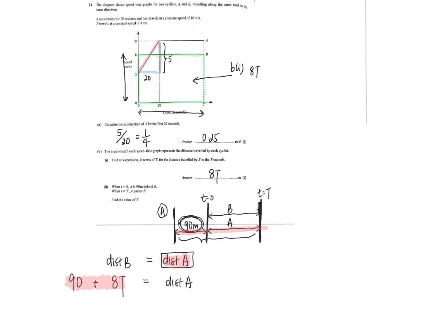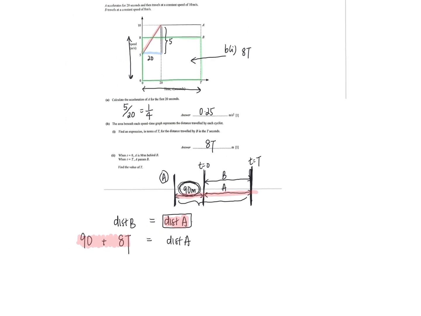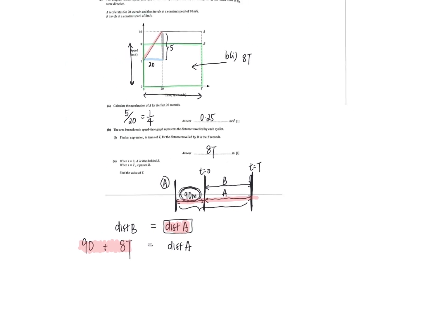So how do I calculate? My distance A is again a trapezium and a rectangle. Trapezium, they like to test trapezium, don't know why. So what I will do is I will find the trapezium, half times sum of parallel lines, times the distance here 20, plus the rectangle t minus 20 times 10.